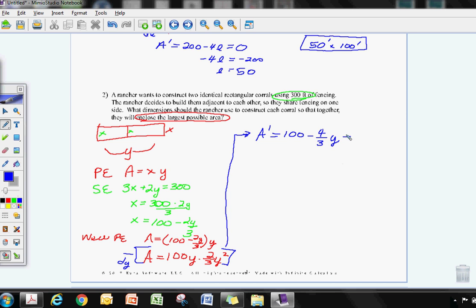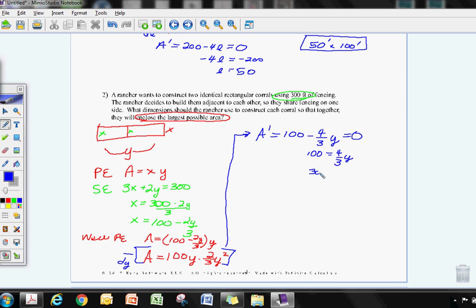And what do I do with that derivative? I set it equal to 0. So I have 100 equals 4 over 3Y. Notice I added 4/3 Y to each side. You could have subtracted the 100. I can now cross multiply, or get rid of that.